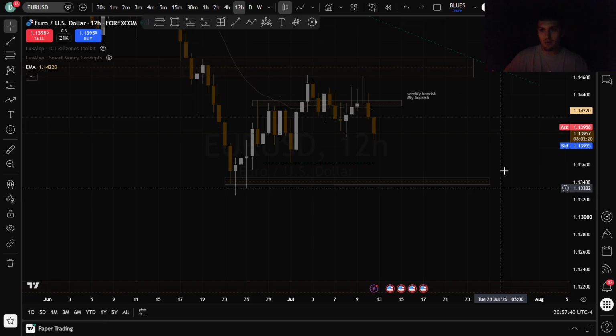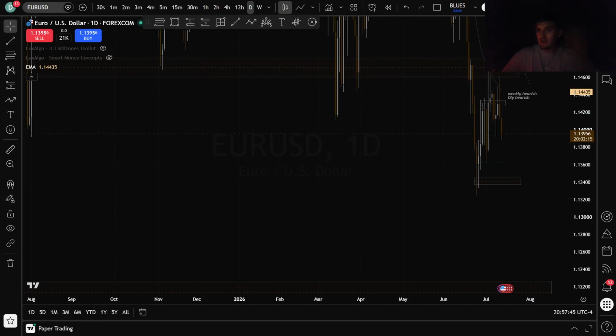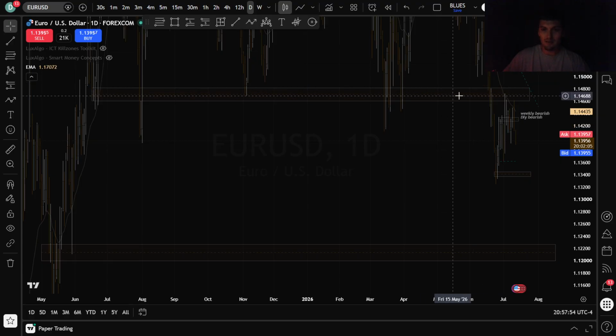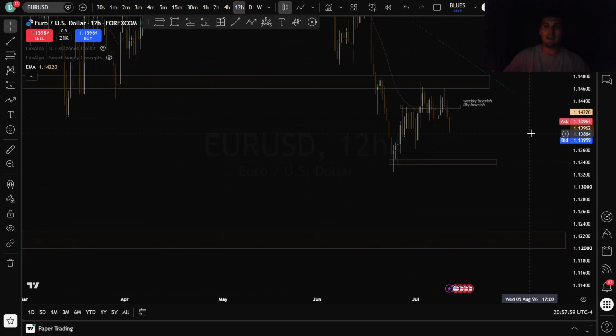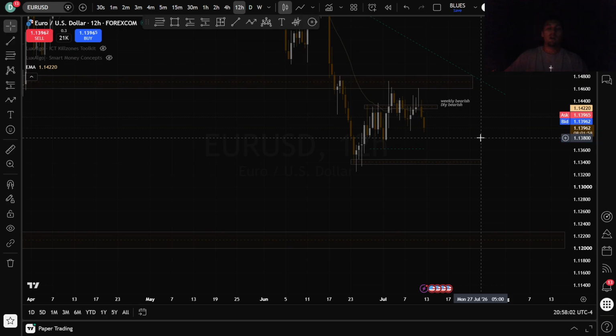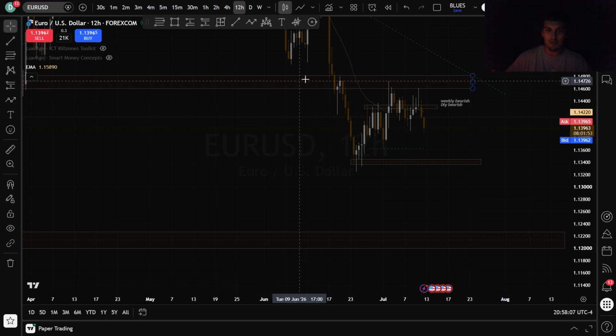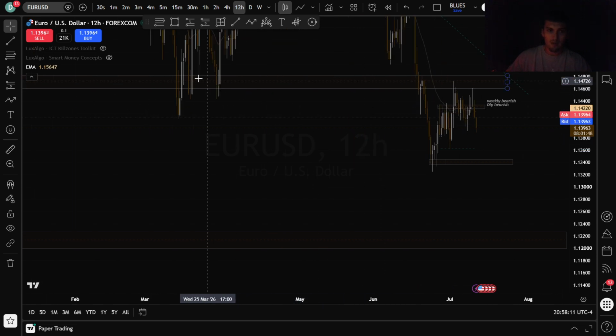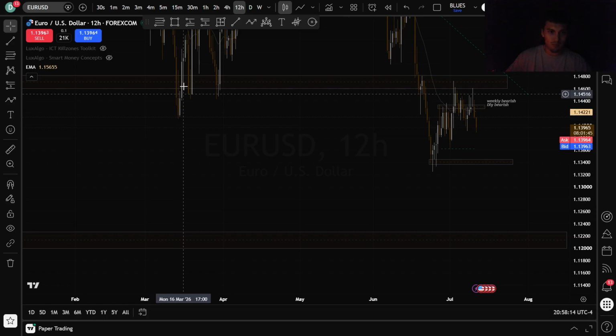So let's start at key zones. As we can see, we have some reactions right here. We have 1 reaction, 2, 3 reaction, 4, and then 5 and 6 touches on this daily resistance level, meaning that that is a key level. Key levels have got to have at minimum 3 touches to show that a lot of transactions want to be posed here. Like right here, we broke through and then we came back up.